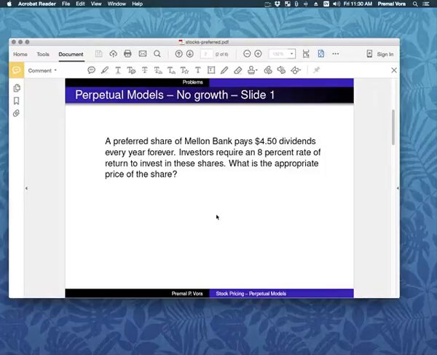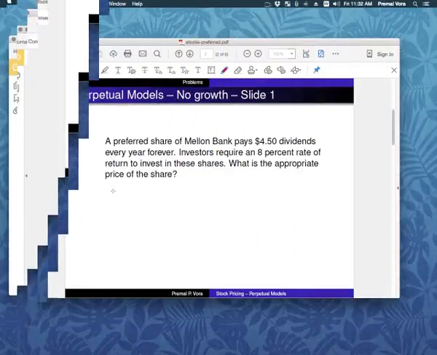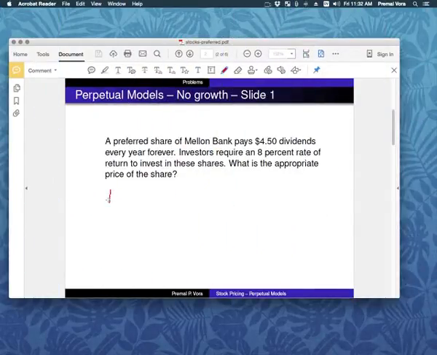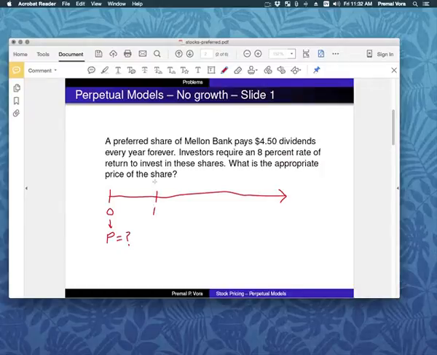Let's view this stock in terms of a timeline diagram. Here's our typical timeline. If you buy this stock, you'll buy it today. You want to know what the price of this stock should be. One year from today, you'll receive $4.50.